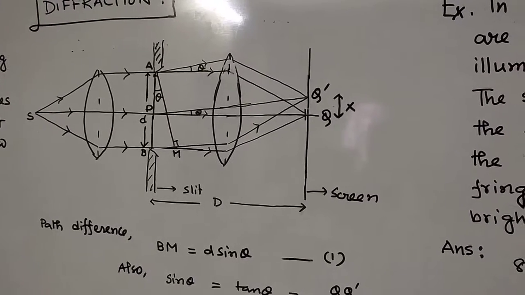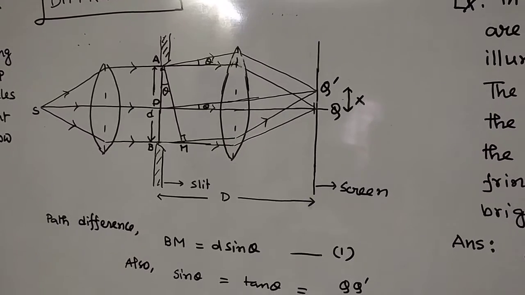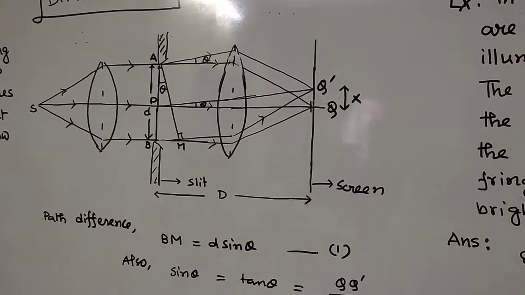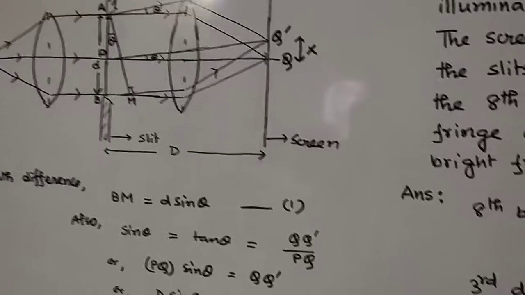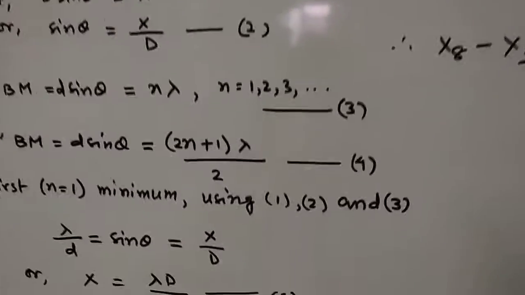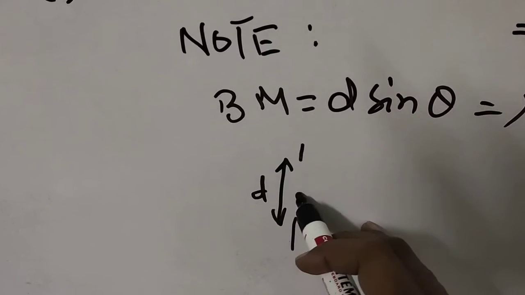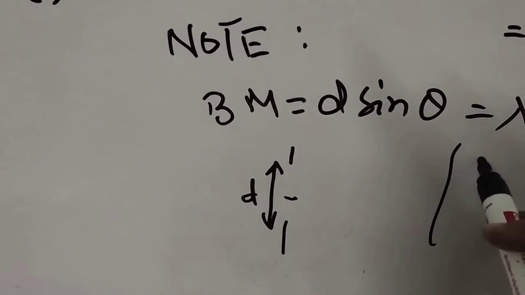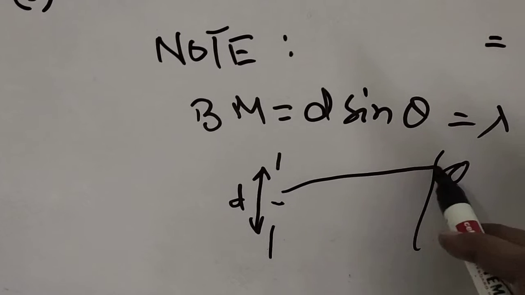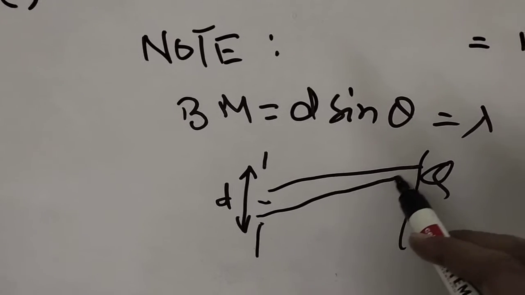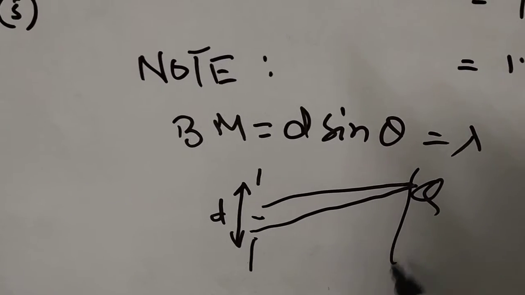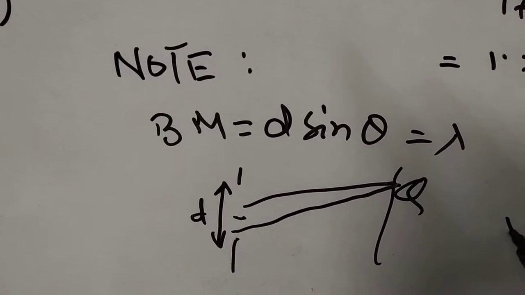Now the explanation part is like this. You have to split the slit into two halves. If you consider this is your slit, you have to split it into two halves, and here is Q dash. So when rays come here at Q dash from each of these halves, the path difference is lambda by 2.